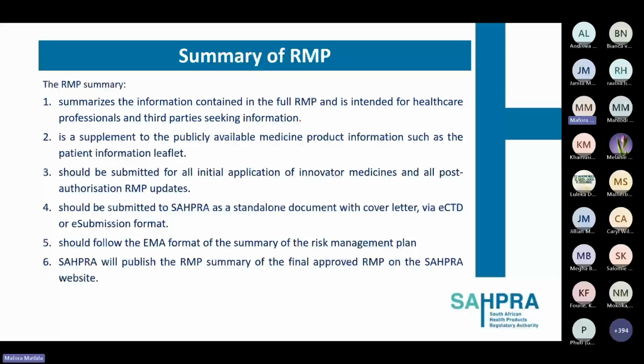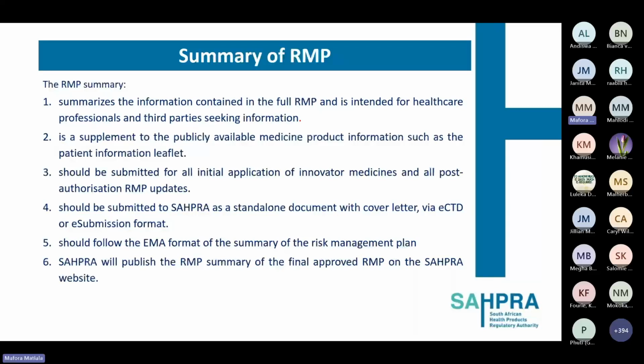And this is the core, because from the questions that we received, one of the questions was, how would we, as a generic company, get to know about the safety issues and what safety plans and activities have been implemented by the innovator? And this question is now being answered by the summary of the RMP.